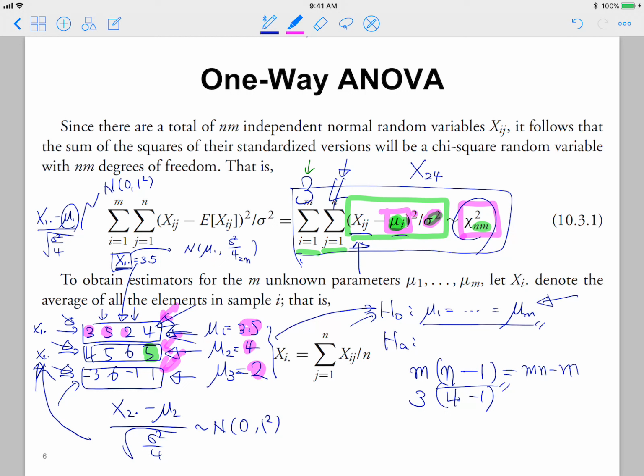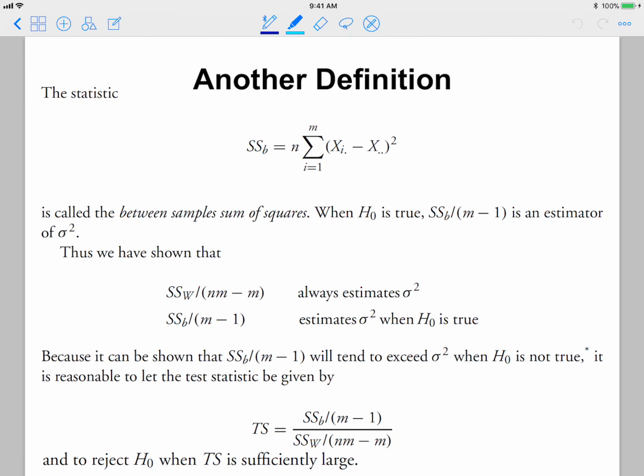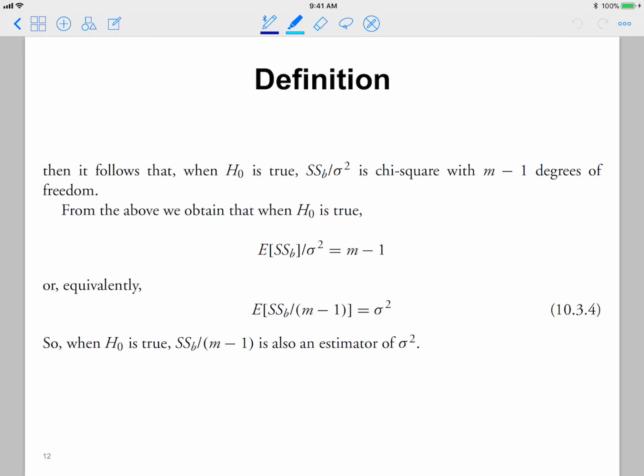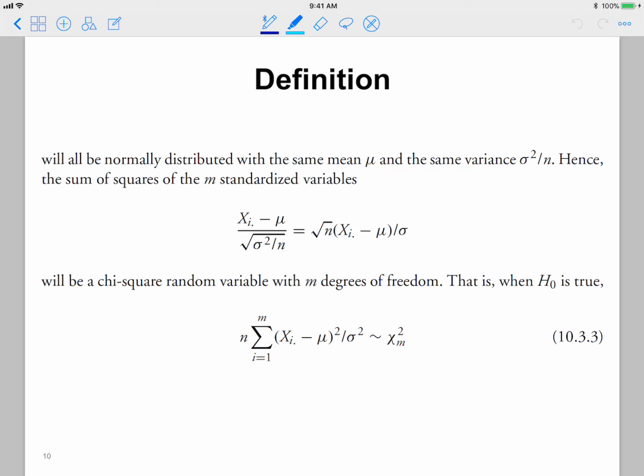Those mu1 and mu2 are all the same, and mu3 is the same as well. And so we can represent it as the true parameter mu, okay? And then this guy will follow the standard Gaussian random variable.